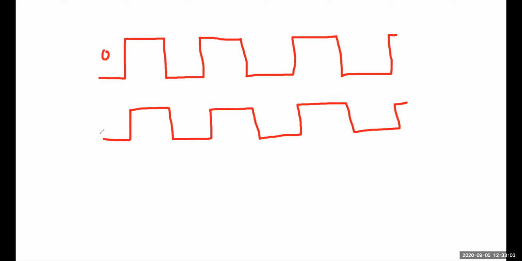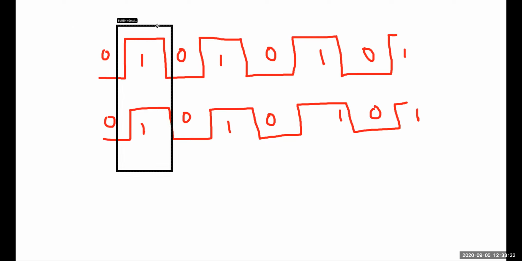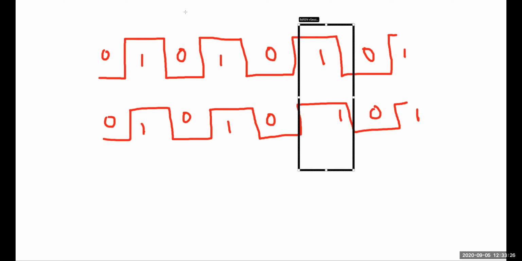This one is 0, 1, 0, 1, 0, 1, 0, and this is also 0, 1, 0, 1, 0, 1, 0, 1. Now at a time, how many types of things can you see? Here you can see 0, 0. Here you can see 1, 1. Here 0, 0, here 1, 1. But can you see 0, 1 and 1, 0?